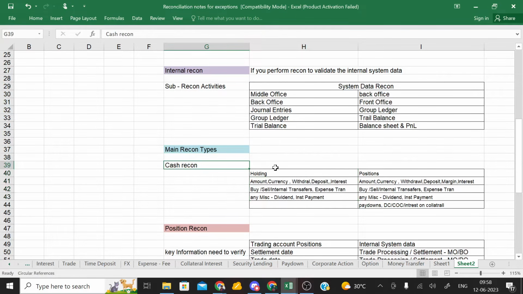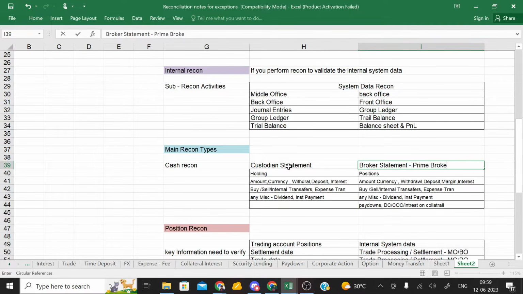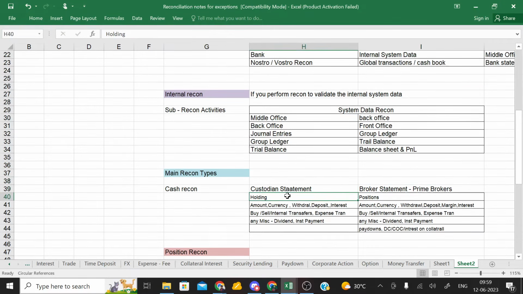But yes, for a cash recon, your data would be the holding statement, meaning the broker statement, versus position, meaning your broker statement, custodian statement, and broker statement, prime brokers statements, versus your bank account.